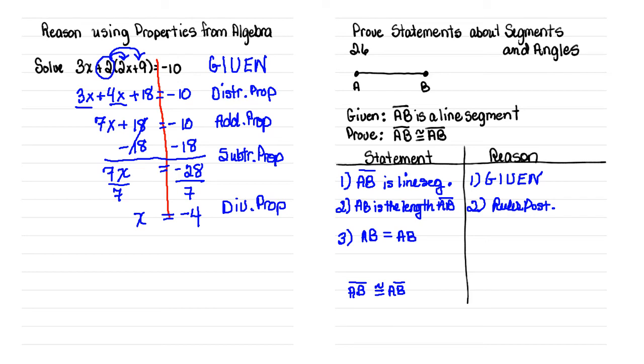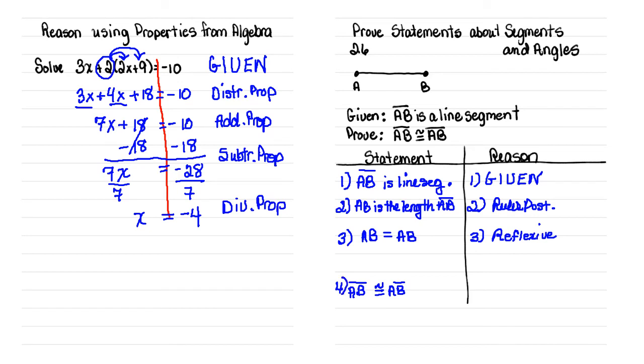Now notice there is something a little bit different here. We don't have a line over the top. And with segments, that means we're talking about actual length size on a ruler. And in this case, it's the reflexive property. Same thing equals same thing.